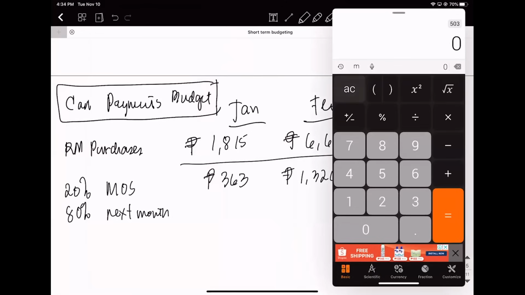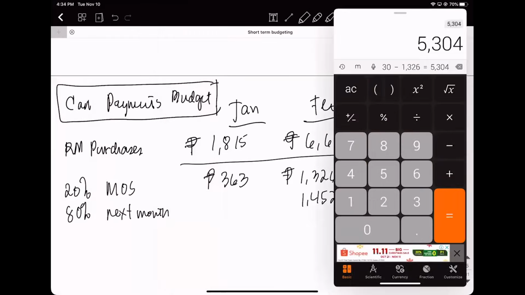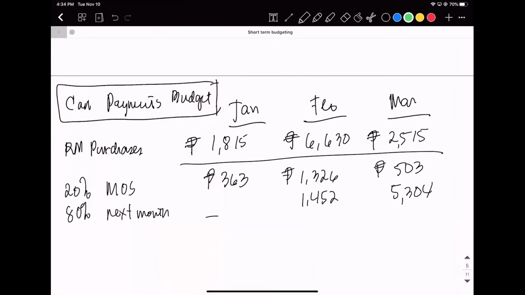So yung next month, that is 1815 times 80%, 1452. Ito naman, minus na lang natin 6630 less 1326. Okay, so this is 5304. So meron pa, blanco. Definitely, ito naman yung accounts payable last month.